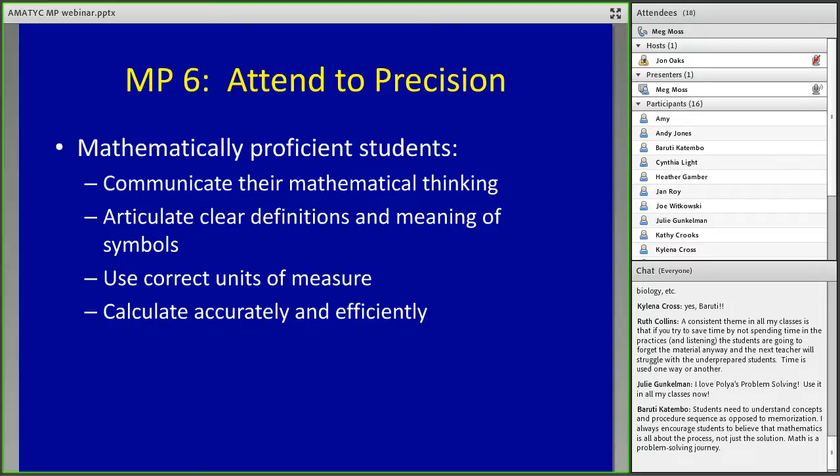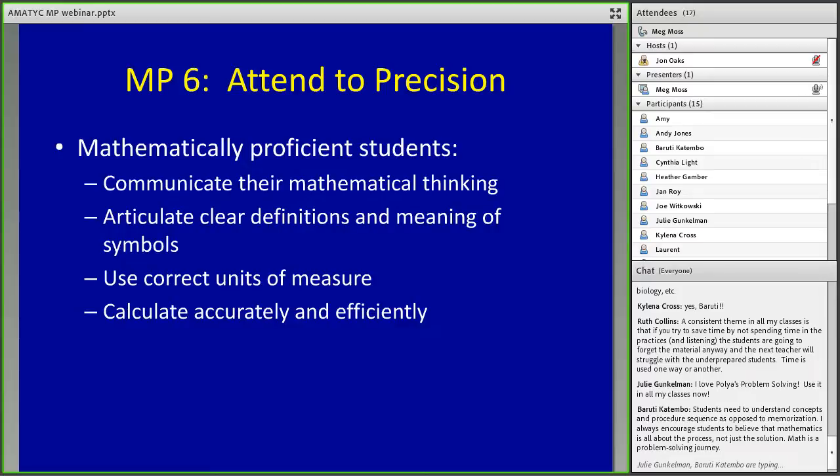They articulate clear definitions and meanings of symbols, and they use correct units of measure, and they calculate accurately and efficiently. So in my mind, sometimes this one, we've all heard of, they have to know how to do it pencil and paper. And yeah, they have to be able to calculate accurately and efficiently. All right, so that's included in here.